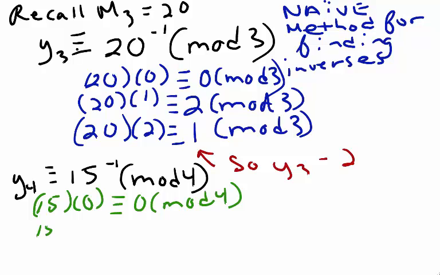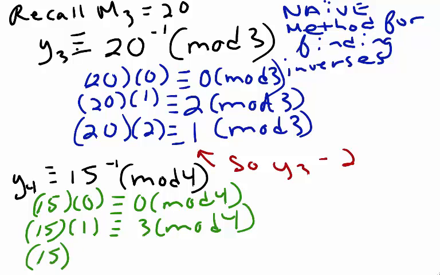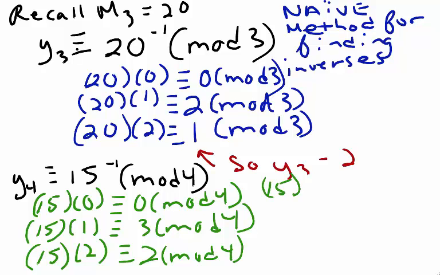Next, I take 15 times the remainder 1, and I find that this is congruent to 3 mod 4. In the next step, I take 15 times 2, and find that this is congruent to 2 mod 4. And finally, I take 15 times 3, and determine that this is congruent to 1 mod 4.